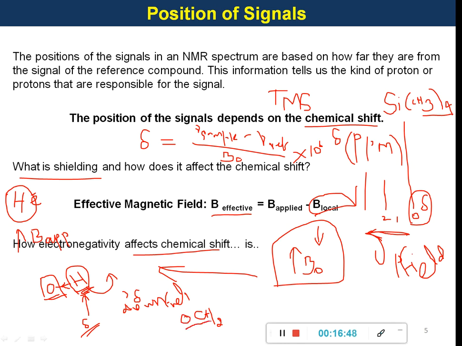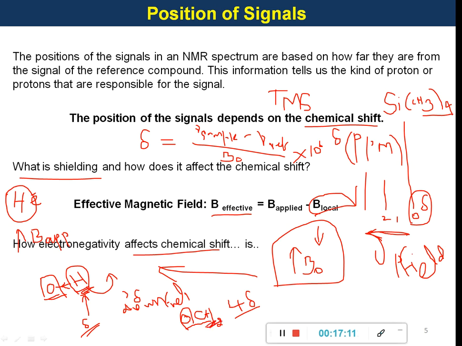If it is attached to oxygen, that is CH2O, the methylene proton will be observed at around 4 delta.